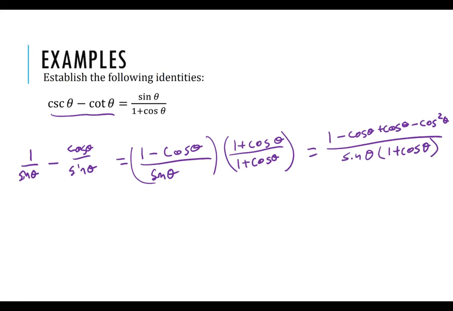Then in the top, let's simplify that. That's going to be 1 minus cosine theta plus cosine theta is 0, so that's 1 minus cosine squared of theta, divided by sine of theta times 1 plus cosine of theta.